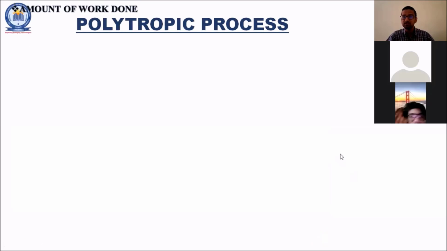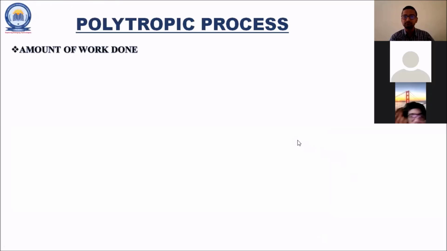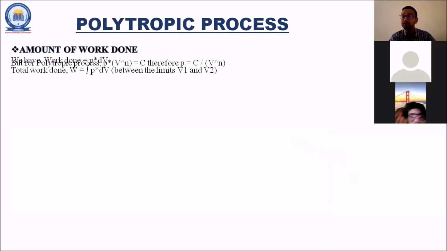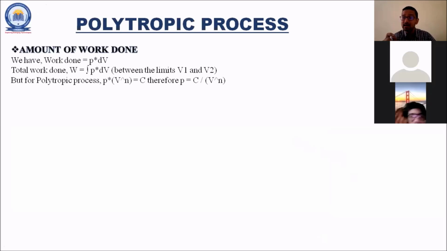Let us proceed further in the derivations of the polytropic process. Polytropic process is much similar to the adiabatic process. Only we will be replacing gamma by small n, where small n represents the polytropic index. And the value of small n will be a variable value.